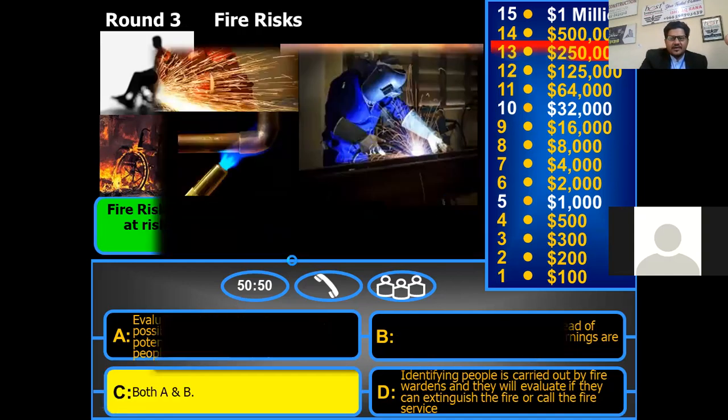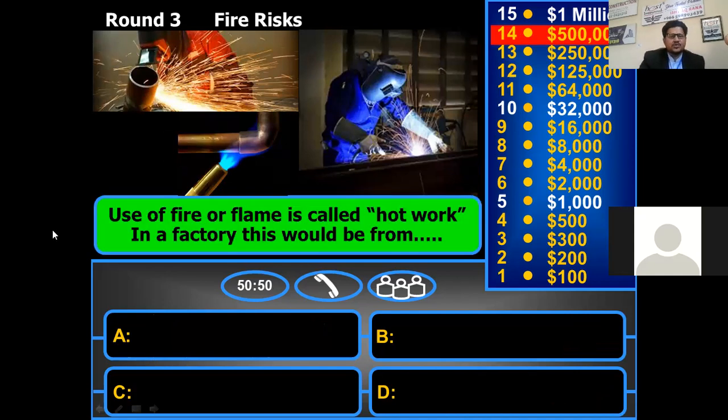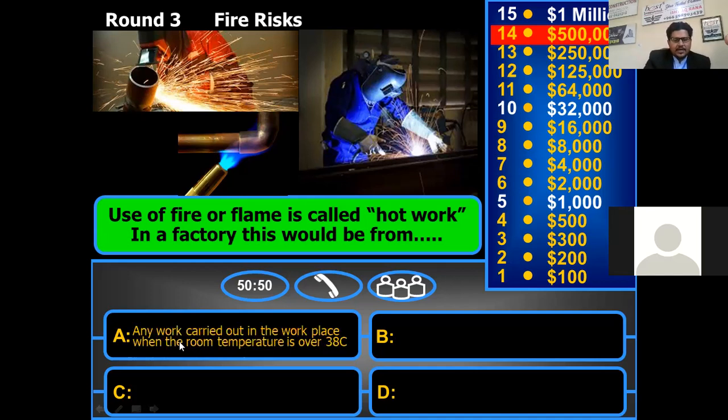Brilliant. Okay, guys. $0.5 million question is there. Question number 14. Look at the picture first. The question is, use of fire or flame is called hot work. In a factory, this would be from any work carried out in the workplace when the room temperature is over 38 degrees.